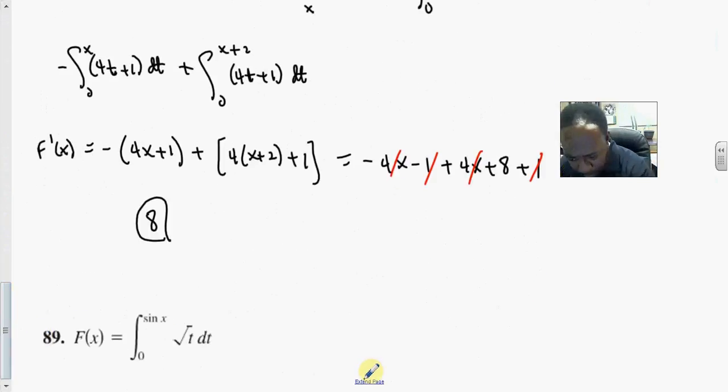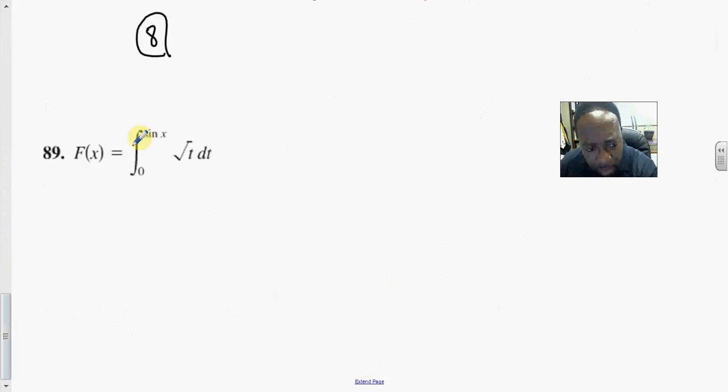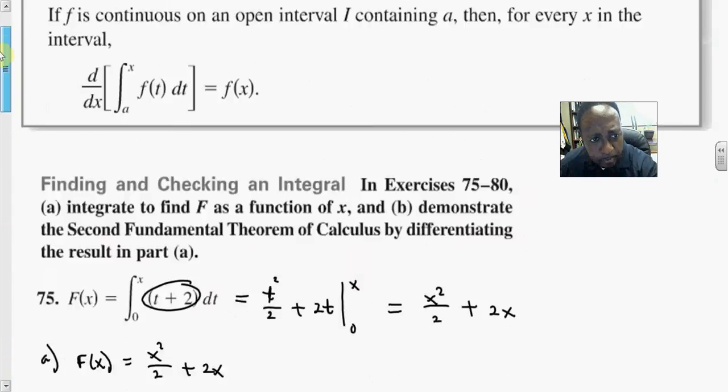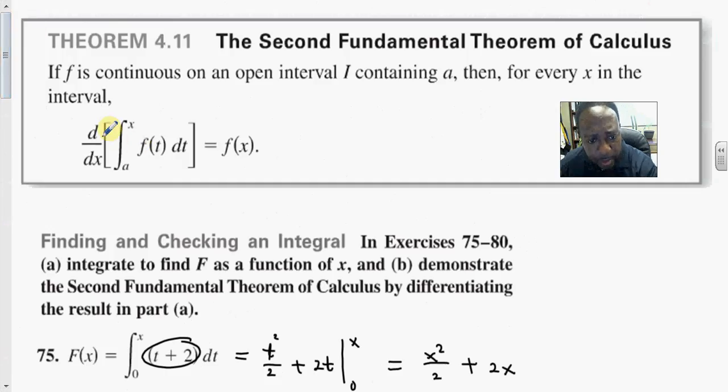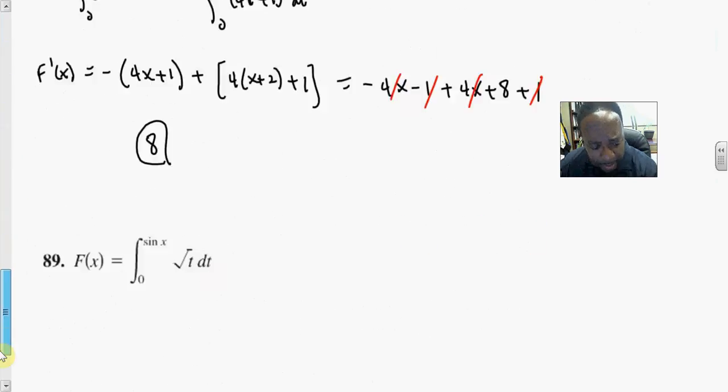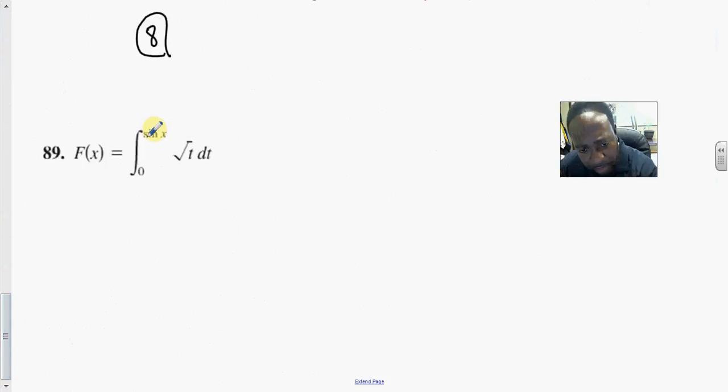What about this one? If you look at the theorem, it is the derivative of the integral from a to x. But here, this top limit of integration is a function of x.